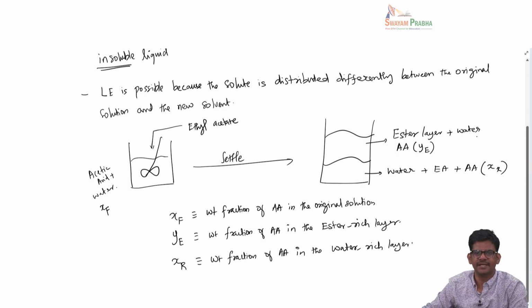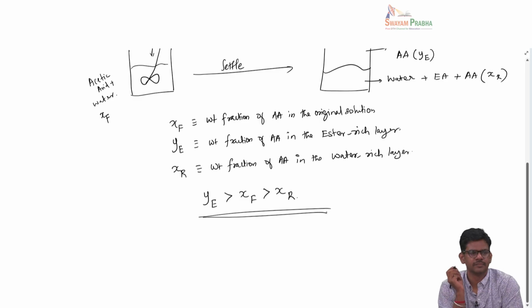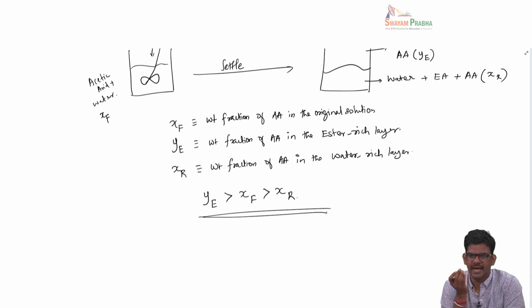Extraction of this kind is possible only if we have a situation where YE is much larger than XF, and that is less than XR. So, starting with XF as the weight fraction, by adding ethyl acetate, we have reached an ester layer in which the composition of acetic acid is much higher than what was there in the original solution.